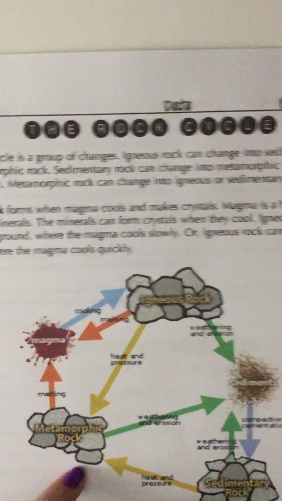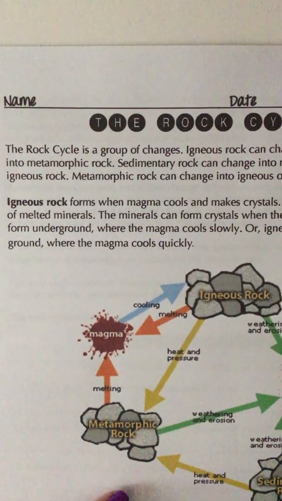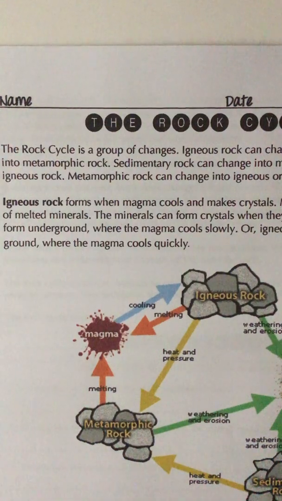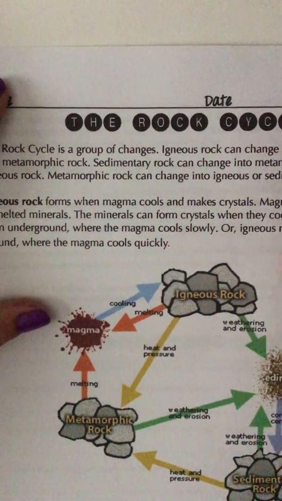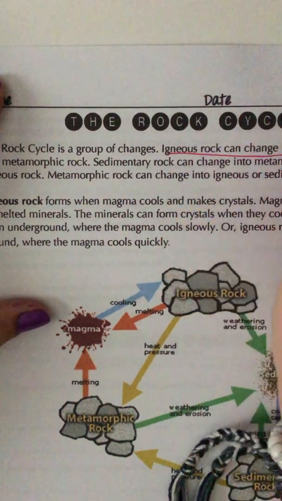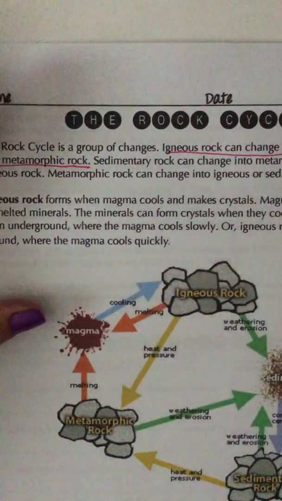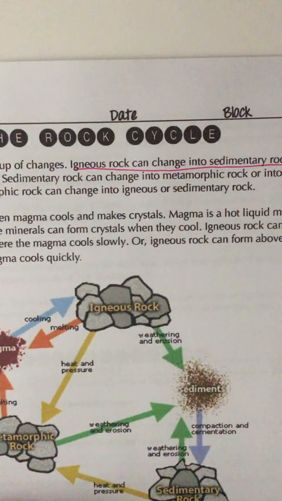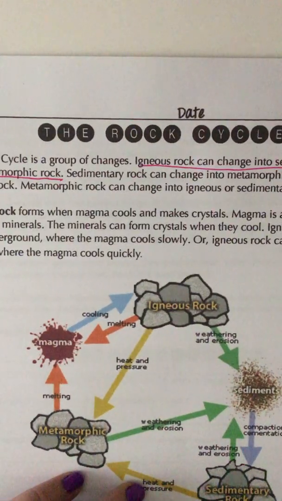All right, so the rock cycle. It says the rock cycle is a group of changes. Igneous rock can change into sedimentary rock or into metamorphic rock, which again, is something that we should have remembered and learned from yesterday. Sedimentary rock can change into metamorphic rock or into igneous rock.